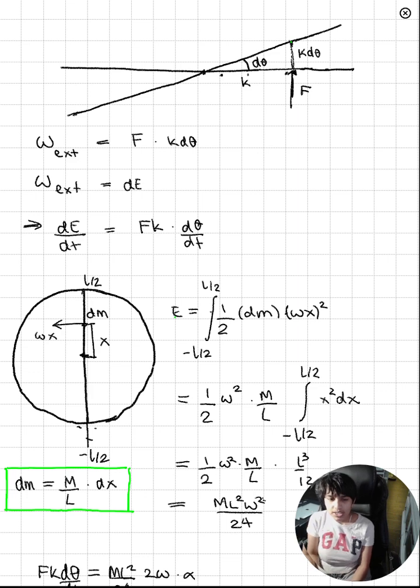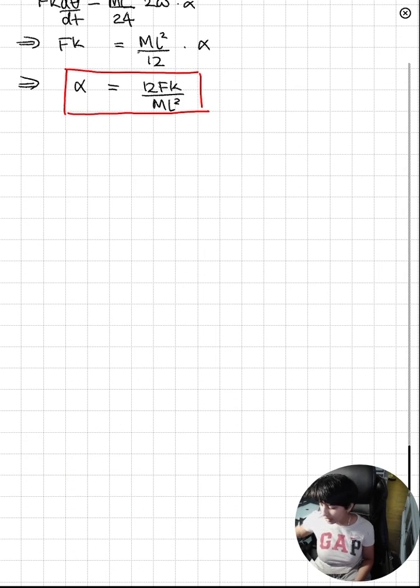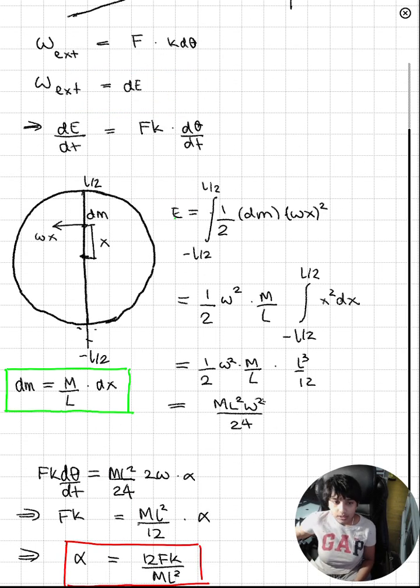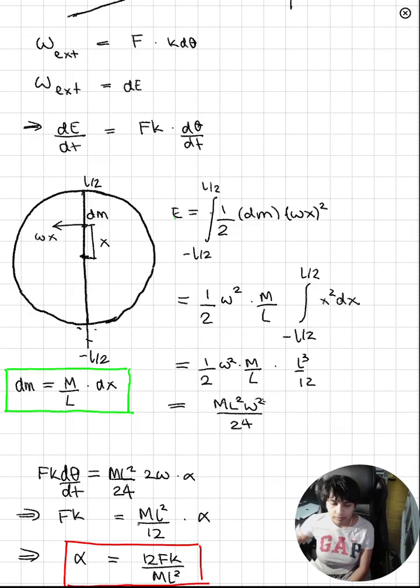Meanwhile, what is the energy itself? Looking at this diagram, we can express the energy in terms of kinetic energy. If we take every individual particle along this rod, then a small mass dm taken on the rod has energy half times dm times omega x squared.